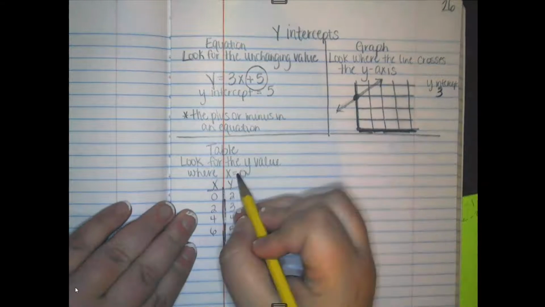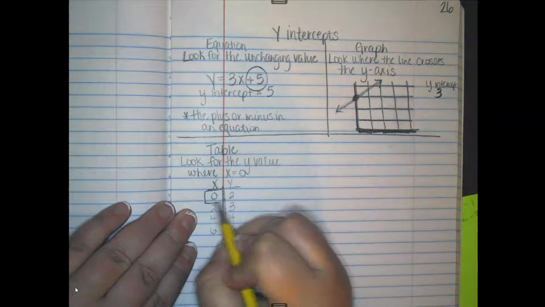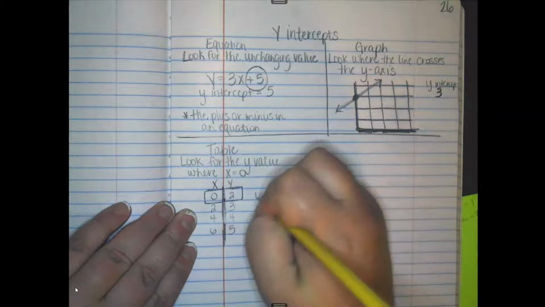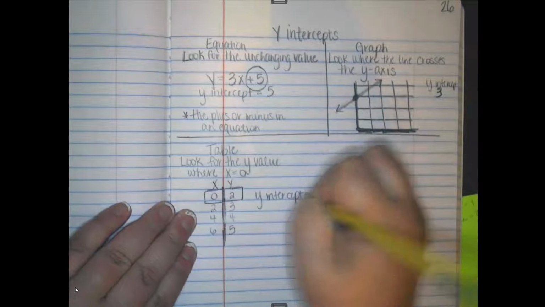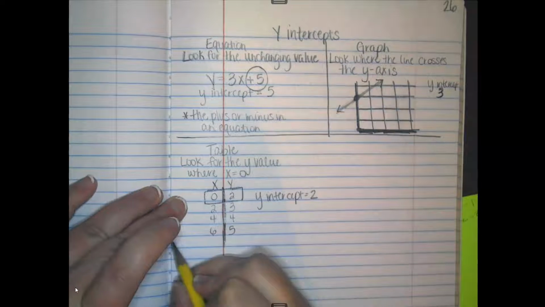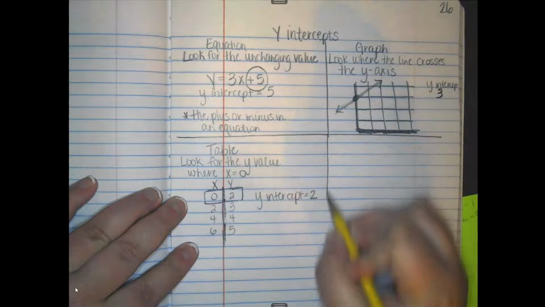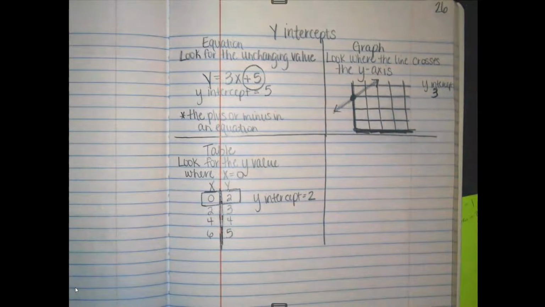So we're going to find where x is 0 and my y-intercept equals 2 because it's what was across from it. So equation, it's the plus or minus. In graph form, it's going to be where it crosses the y-axis. And in table form, it's going to be whatever's across from that 0.